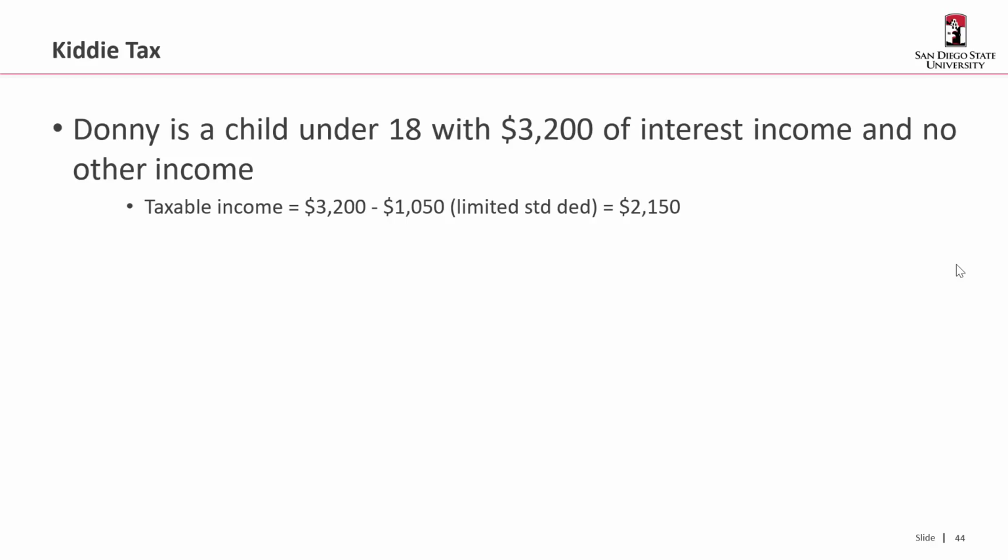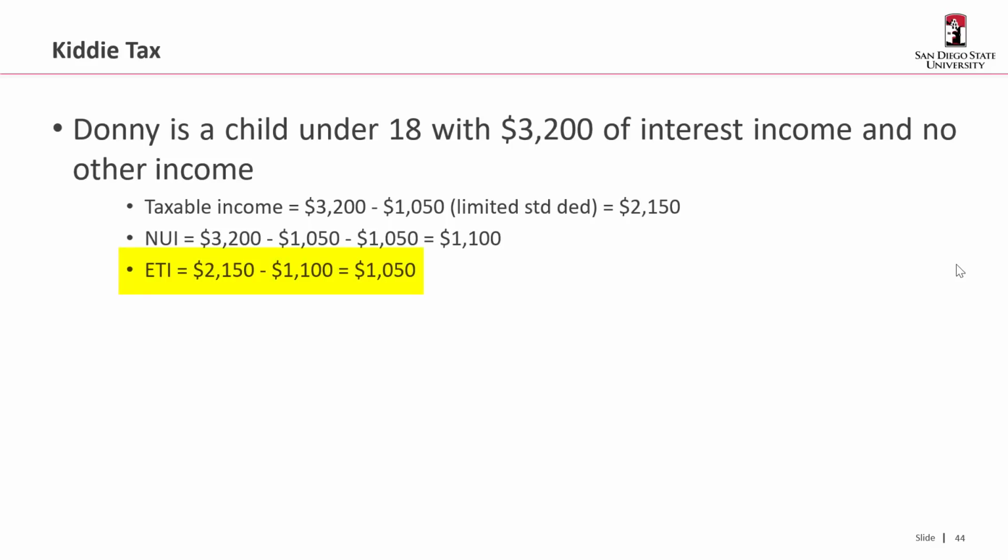So now we need to bifurcate that into its two parts. So the next thing we do is isolate net unearned income. Recall that net unearned income is the amount of unearned income less the statutory amount, less $1,050. So that's $1,100. And now we can calculate the ETI as our taxable income, $2,150, less the $1,100 of NUI, so that's $1,050.